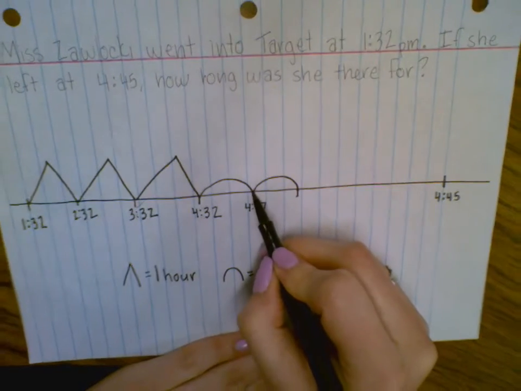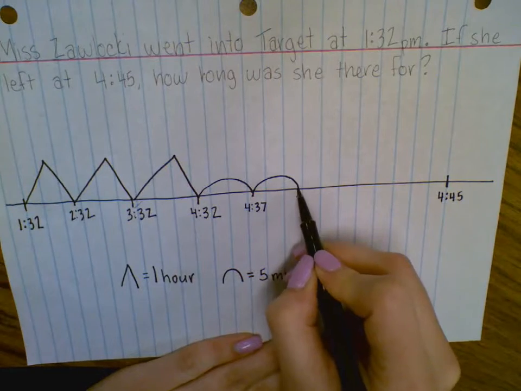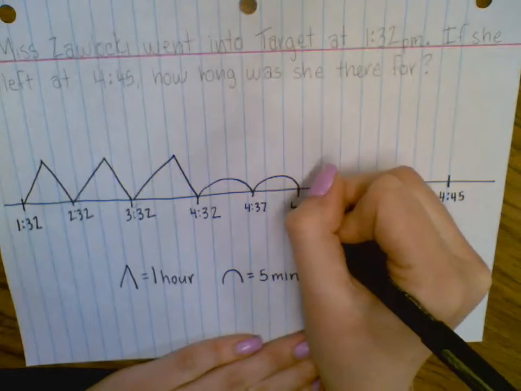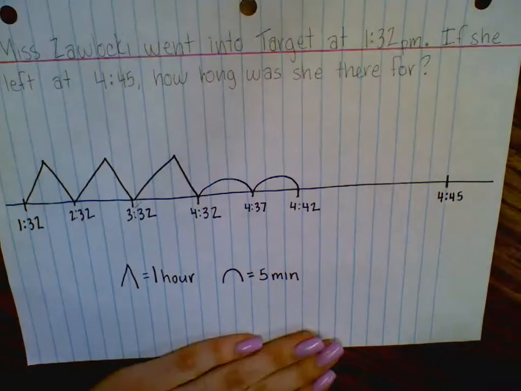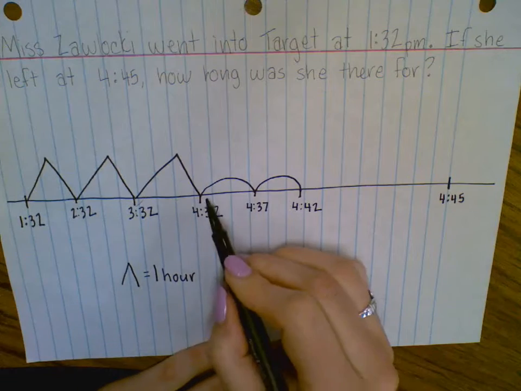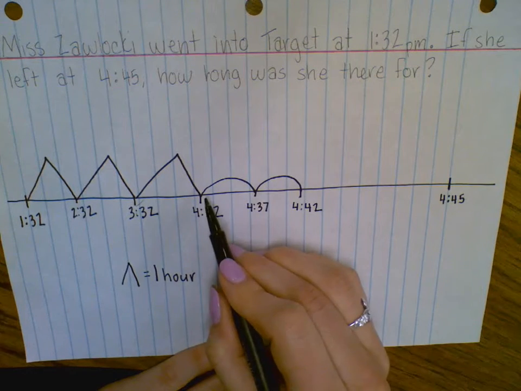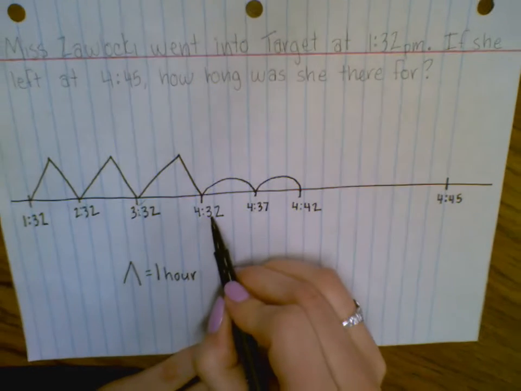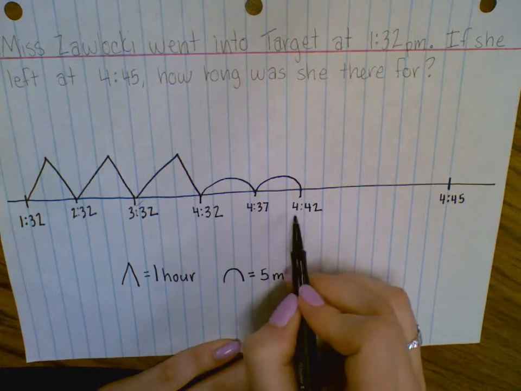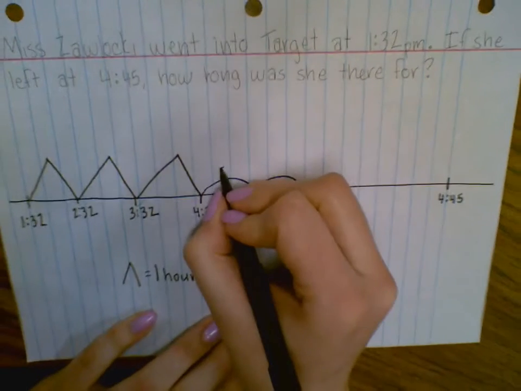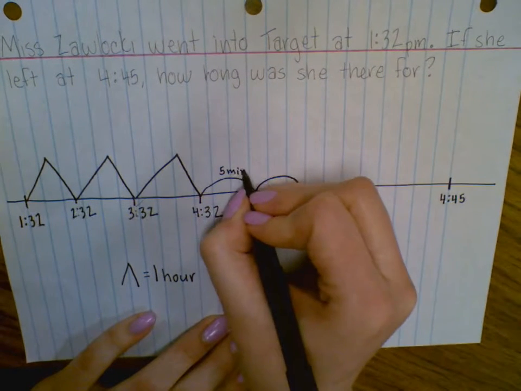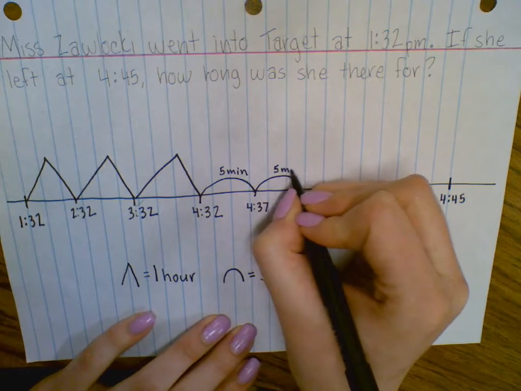Now that it's 4:37, we have 5 more minutes. Now it's going to be 4:42. Now, instead of having to count 5 twice, you could just go 10 minutes. So 4:32 plus 10 minutes is 4:42. And the way we got 10 minutes again is because this hill is 5 minutes and this hill is 5 minutes.